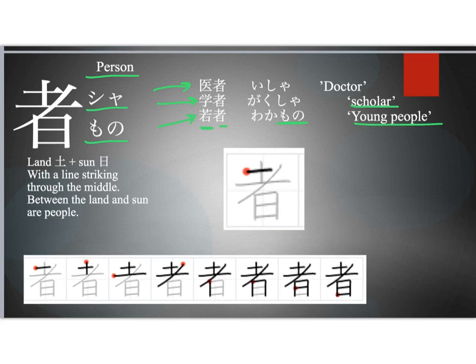The radicals in this one are pretty easy. Basically you have land, and then you have the sun. And if you think of what is between the land and the sun, people exist there. So I think of this as sort of like an in-between kind of mark.